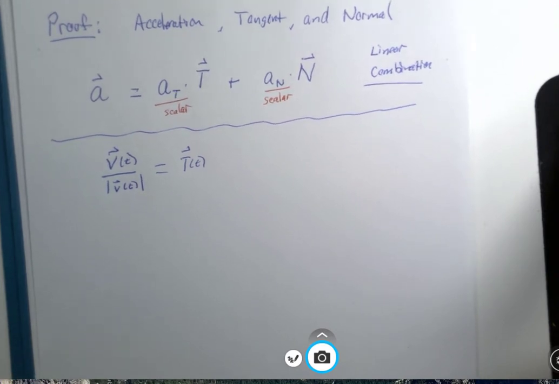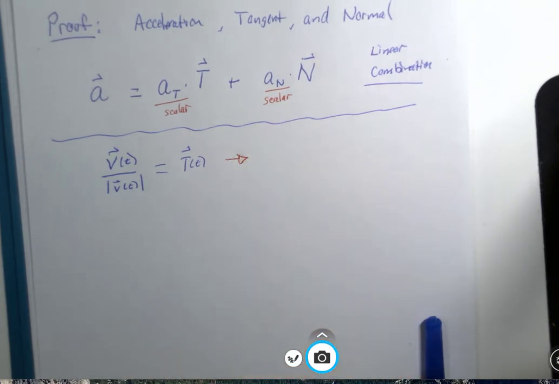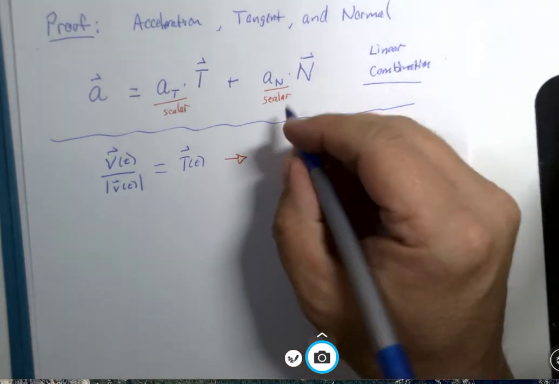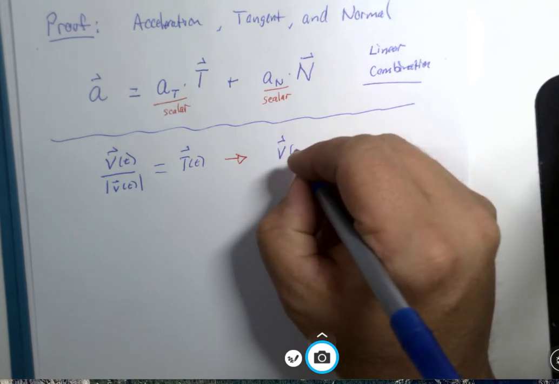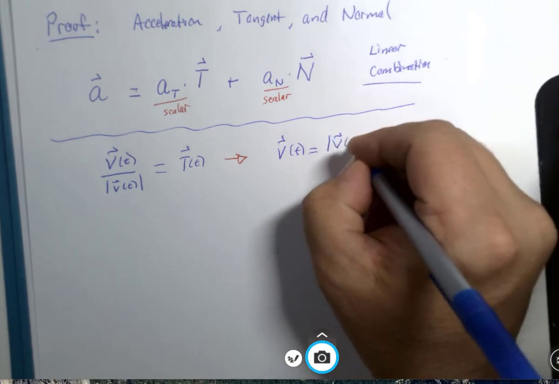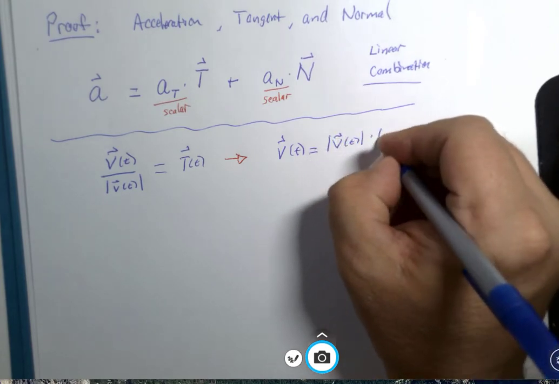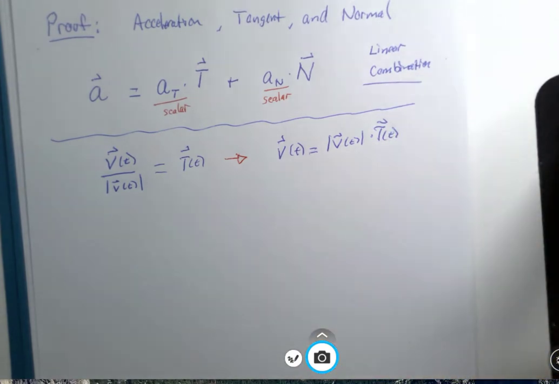Now that means that I could say that the velocity vector is equal to the magnitude of velocity times the tangent vector. Why would I do that? Well, the silly algebra teacher in me says because I don't like fractions that much.